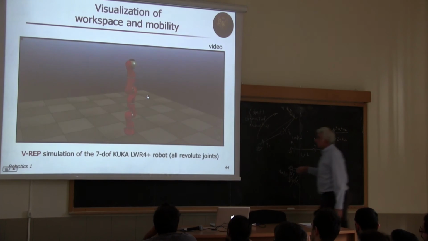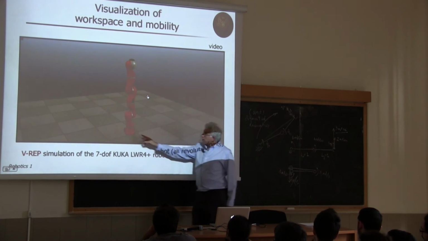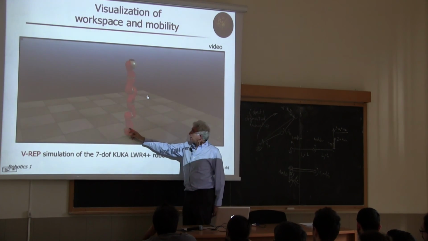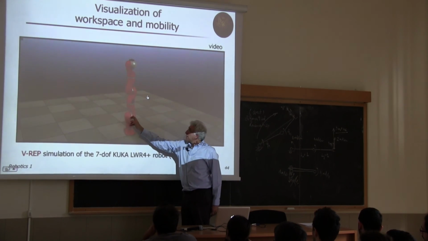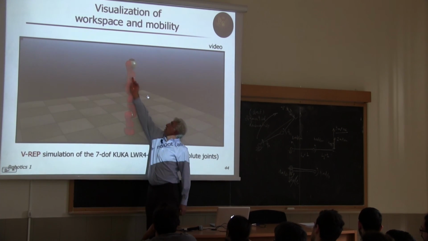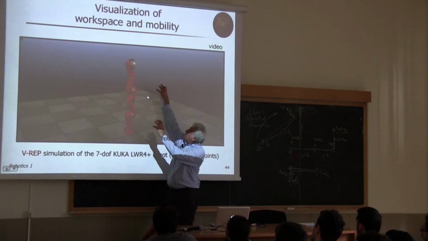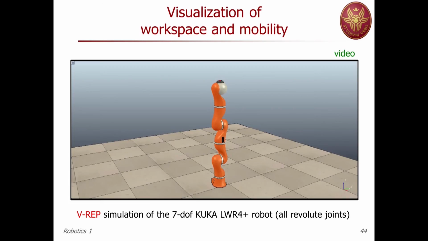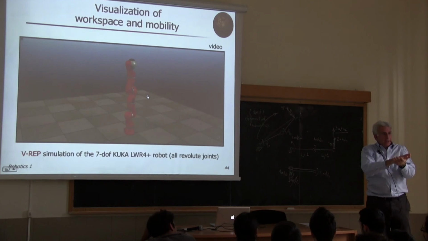Again, you can recognize here 7 joints, 1 rotation around this base, 1 rotation around this axis, 1 rotation around this axis, another along this axis, another around this. The silver ball is rotating with respect to the orange. And then finally, a rotation of the last flange, on top of which you can mount a force sensor, a tool, a gripper, whatever you wish.